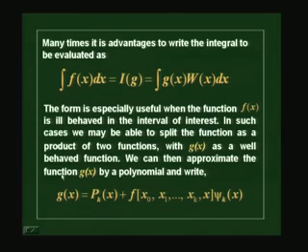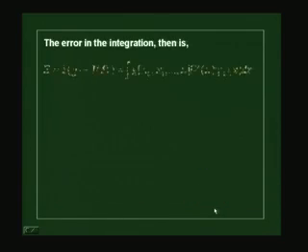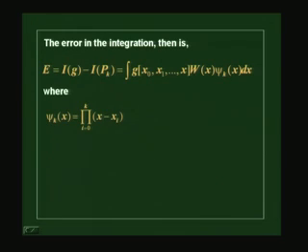Now we are familiar with this: instead of f of x, we write g of x as p k of x, that is some polynomial of order k, plus an error term into psi k of x, where psi k of x is an order k plus 1 polynomial. Now given that, we can write the error as I of g minus I of p k, the error in the integration.